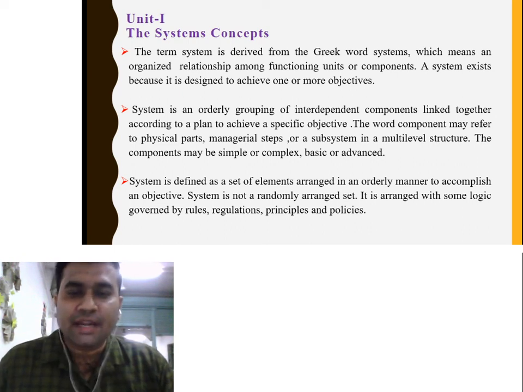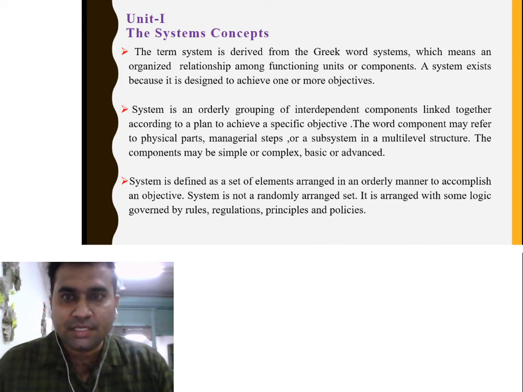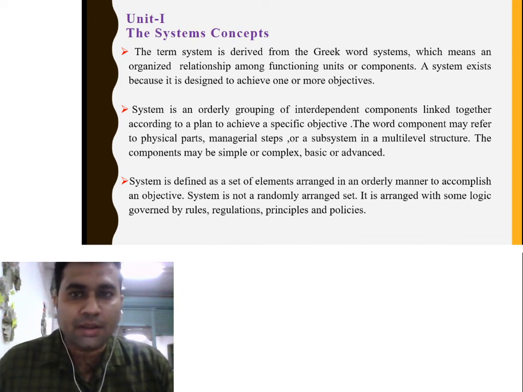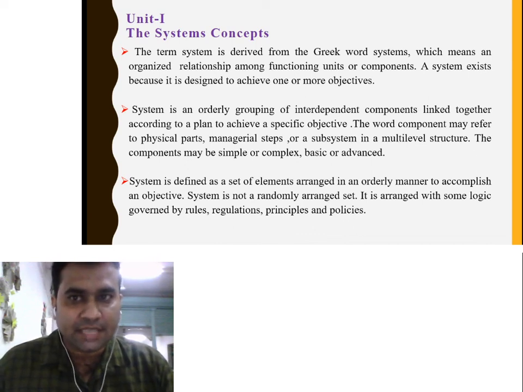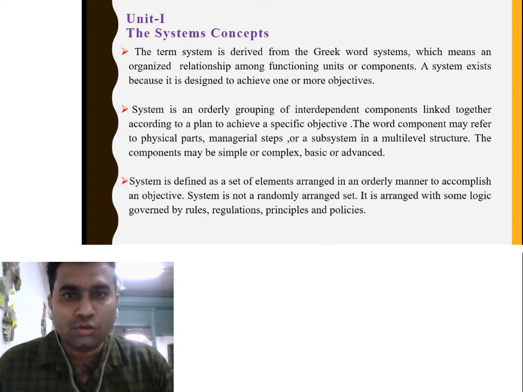A system is not a randomly arranged set; it is arranged with some logic, governed by rules, regulations, principles, and policies. This is the introductory session of the subject of system analysis and design. Here we close the first session. In the next session, you will learn the characteristics of the system.